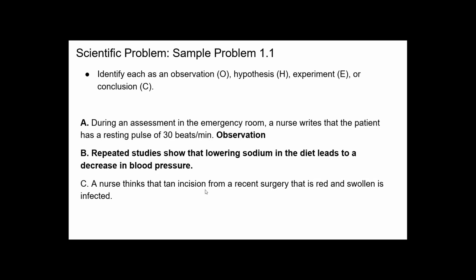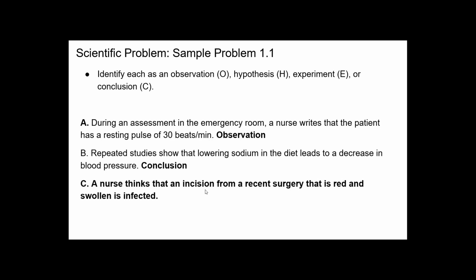Now we jump to the second one: repeated studies show that lowering sodium in the diet leads to a decrease in pressure. That would be a conclusion, because you found that this happens, and it's been shown in repeated studies. So this is the conclusion of an experiment. They tested this out.